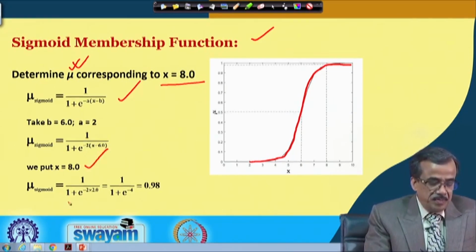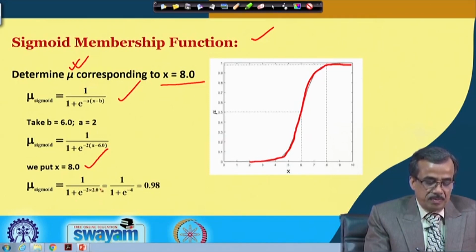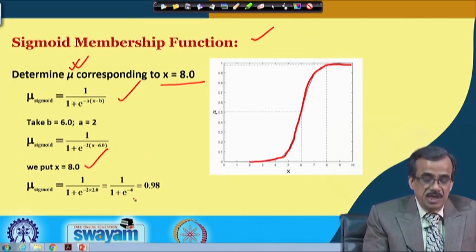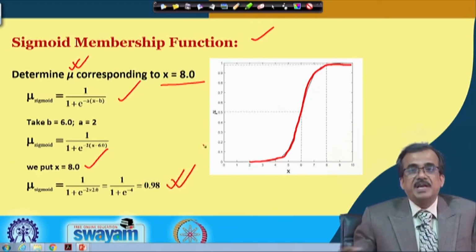So, you will be getting mu sigmoid is nothing but 1 divided by 1 plus e raised to the power minus 2 multiplied by 2.0. So, this is nothing but 1 divided by 1 plus e raised to the power minus 4, and that is nothing but 0.98.